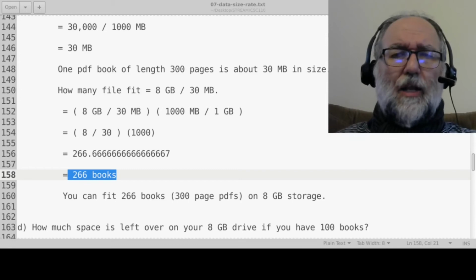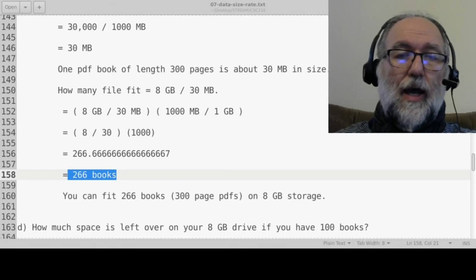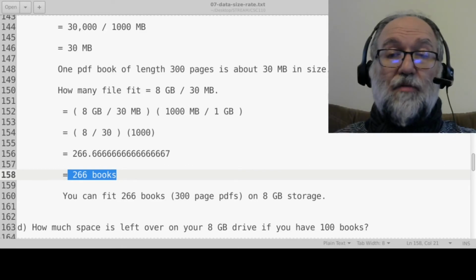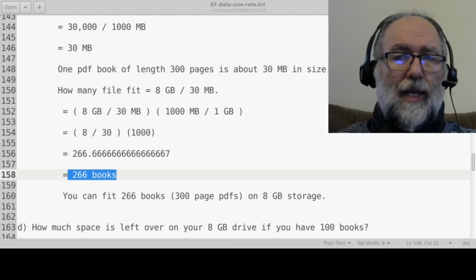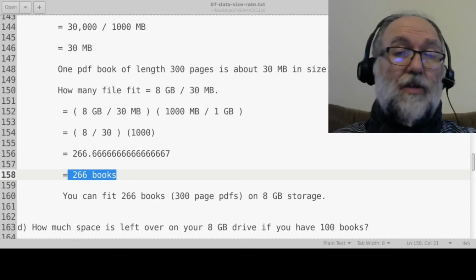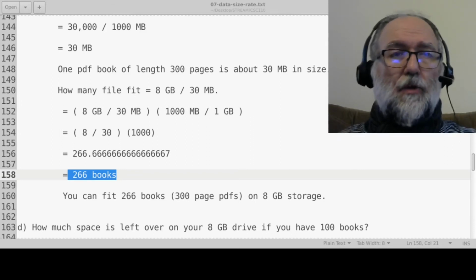But safely you could get 266 textbooks on there, and you're going to say, well, I'm not going to need 266 textbooks. I doubt you would even need 100. I said 100 in this problem, but you probably won't even need that. So yeah, that 8 gigabyte drive would be more than enough to accommodate all the textbooks that you're going to need. And there would still be space left over, so it would also be able to accommodate the papers that you're going to write.